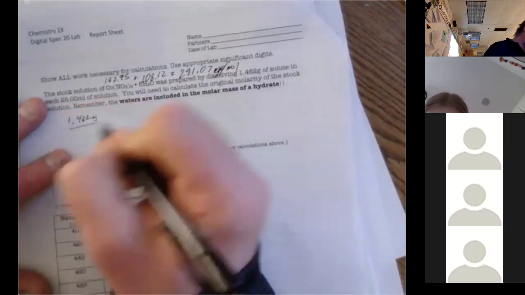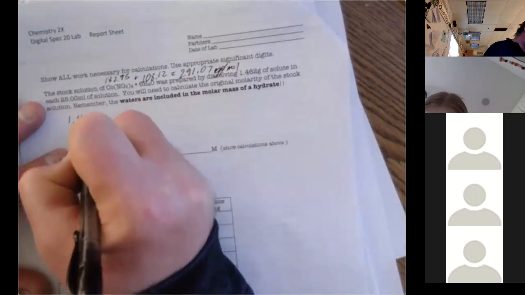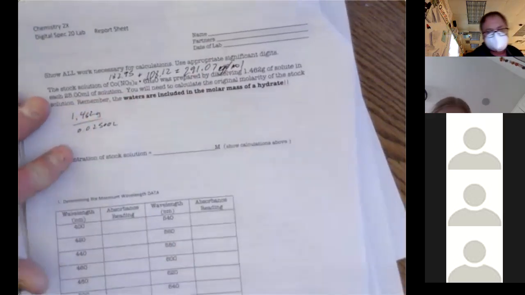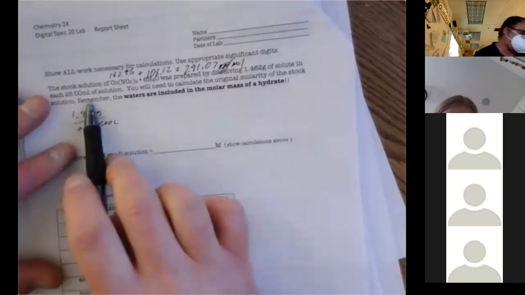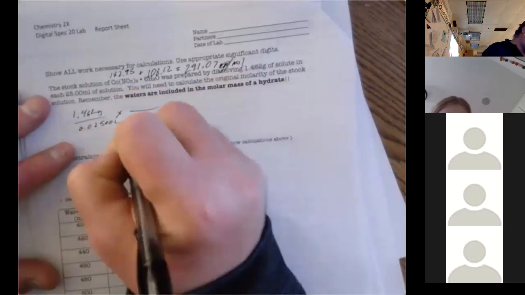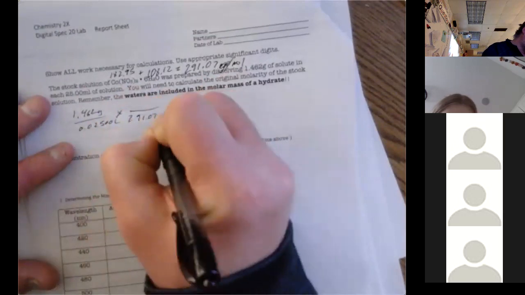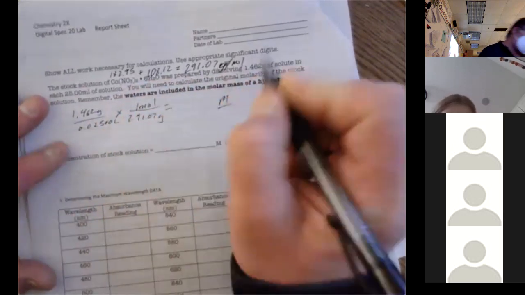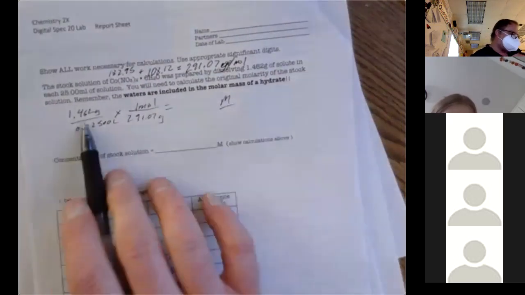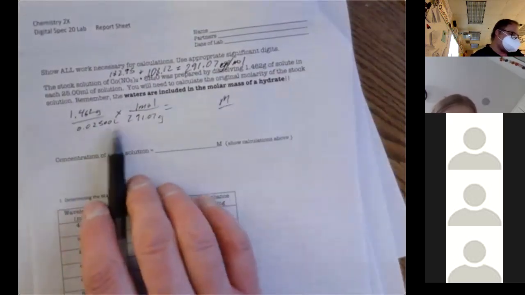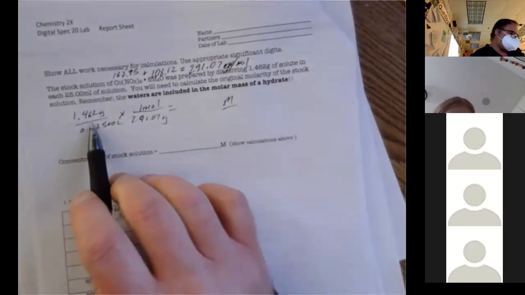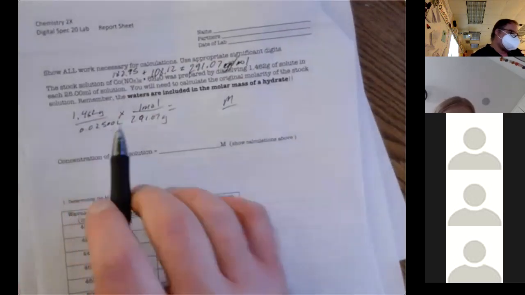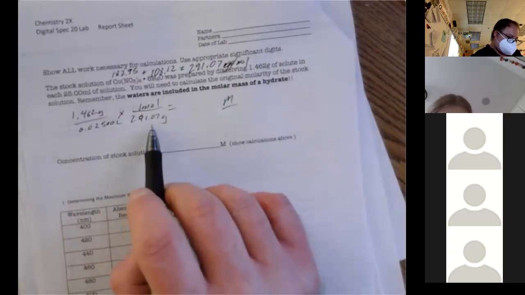So we had 1.462 grams for every 0.02500 liters of solution. I just did that in my head, right? I changed the 25 to that. Every 291.07 grams is 1 mole. So 1.462 divided by 0.025 divided by 291.07.